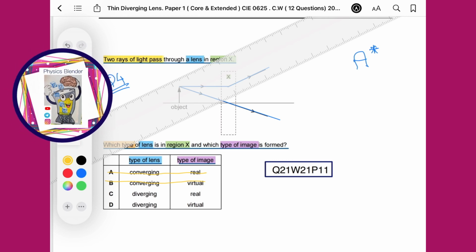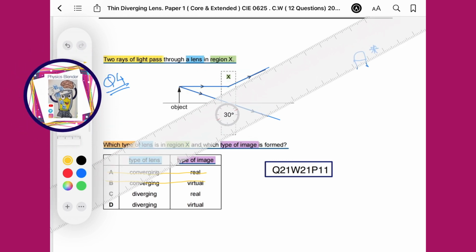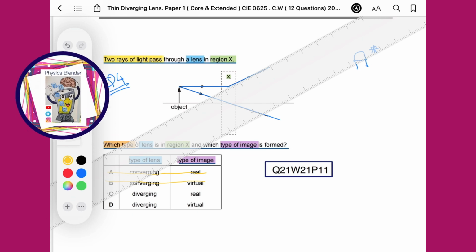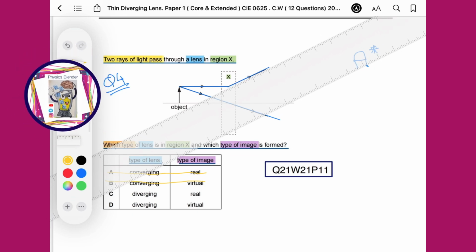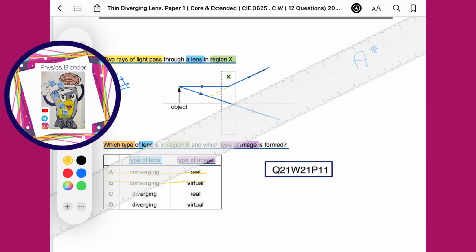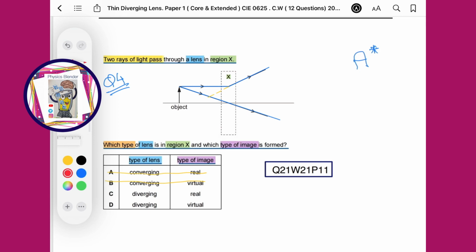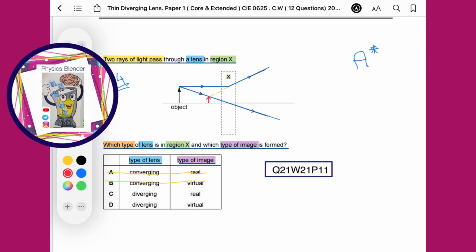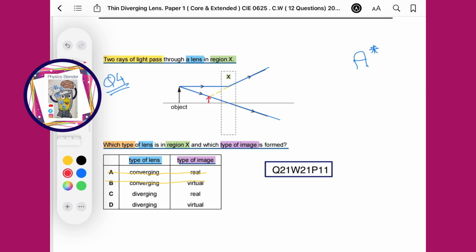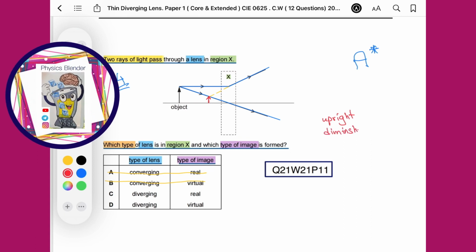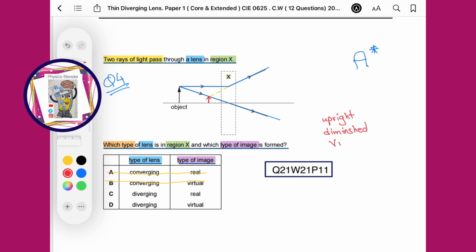Okay, let's extend this ray. Where the two rays intersect, you can find the location of the image. So here, can you describe the image? It's upright, diminished, and virtual.